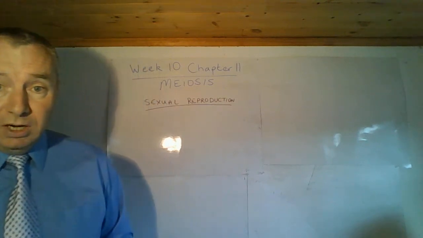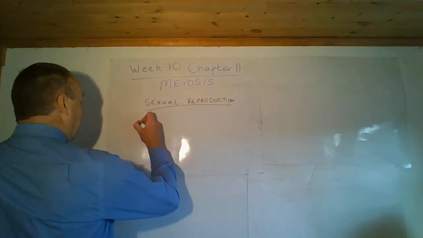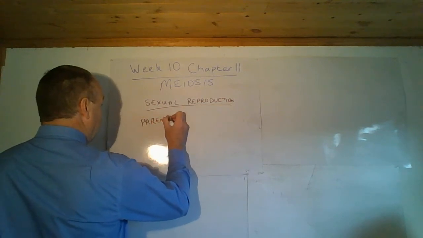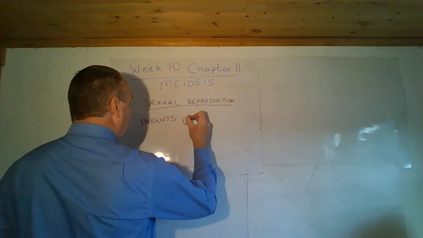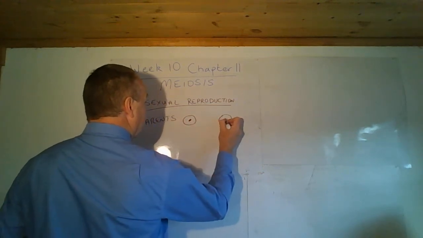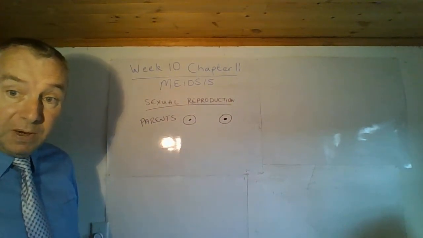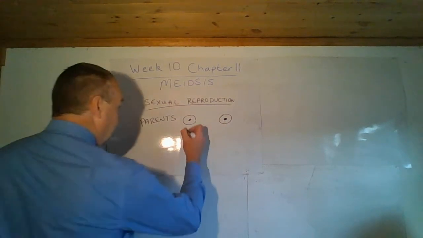Sexual reproduction is when a set of parents, we'll say this is a cell from each parent, gets together and through meiosis produces gametes.